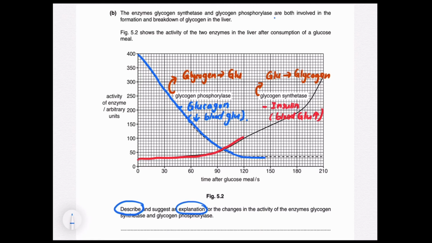Therefore, the glycogen phosphorylase activity will continue to decrease while the activity of glycogen synthetase will continue to increase as more of the glucose needs to be converted to glycogen.